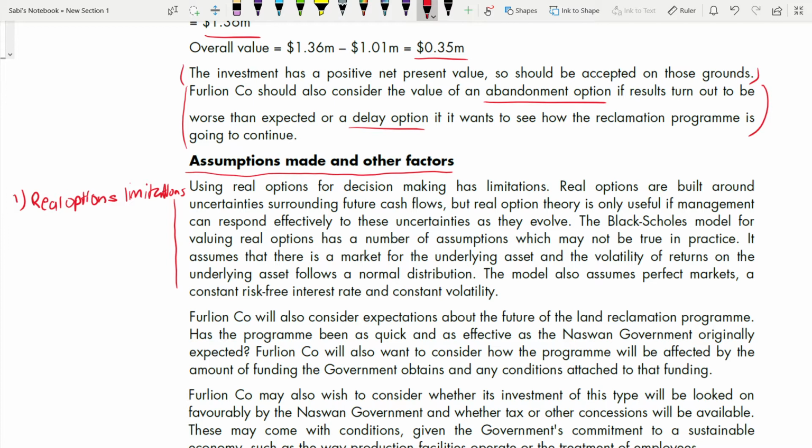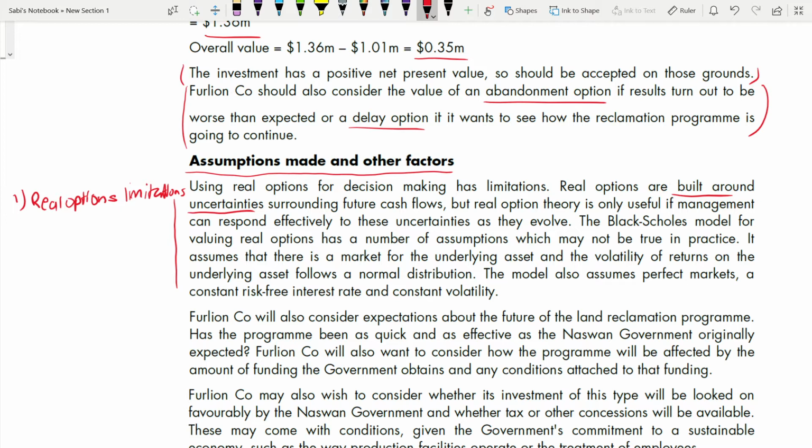So in this whole line, they're saying real option is built around uncertainties surrounding future cash flows. But how will it be useful or effective? Only if they can respond to those uncertainties at the time those uncertainties are evolving.